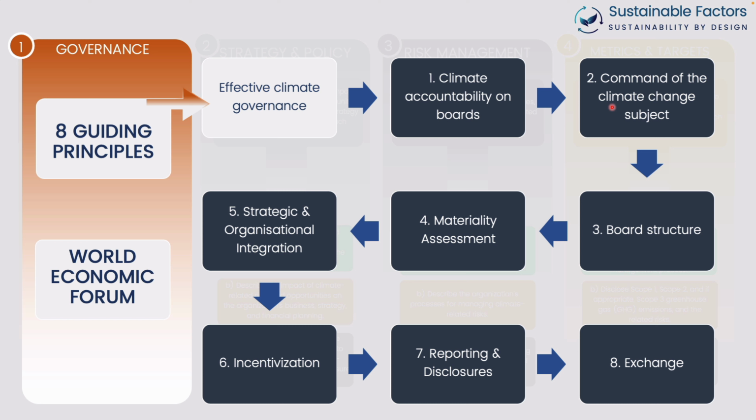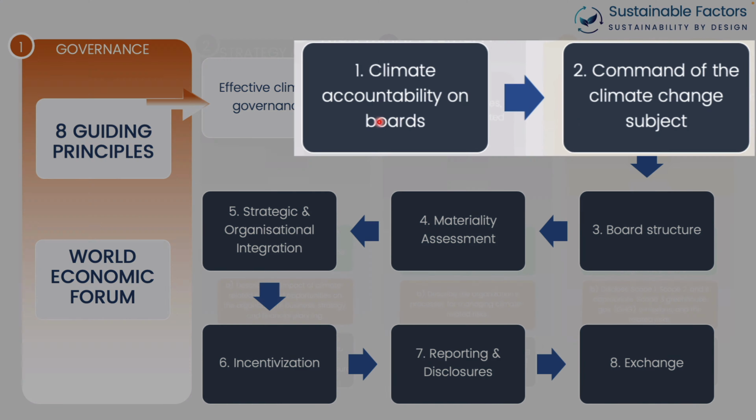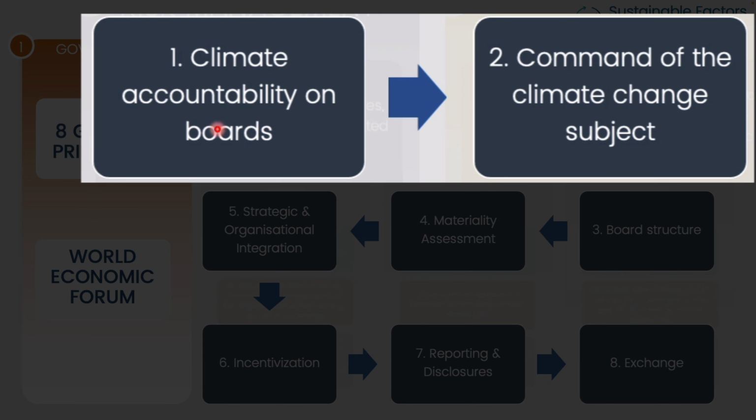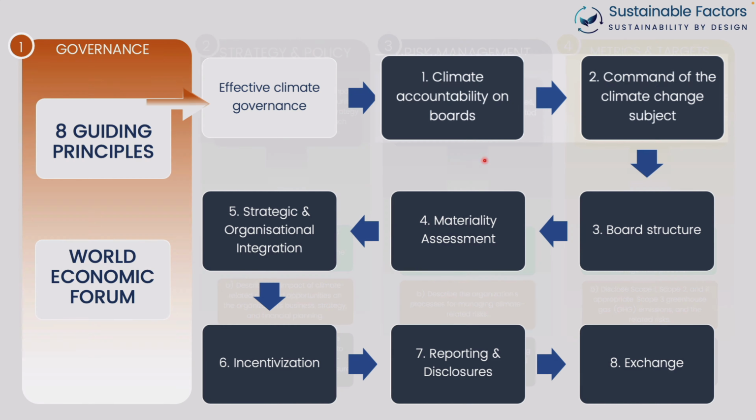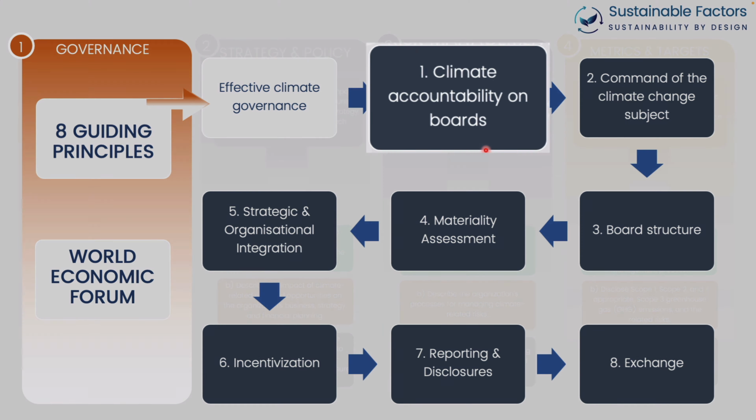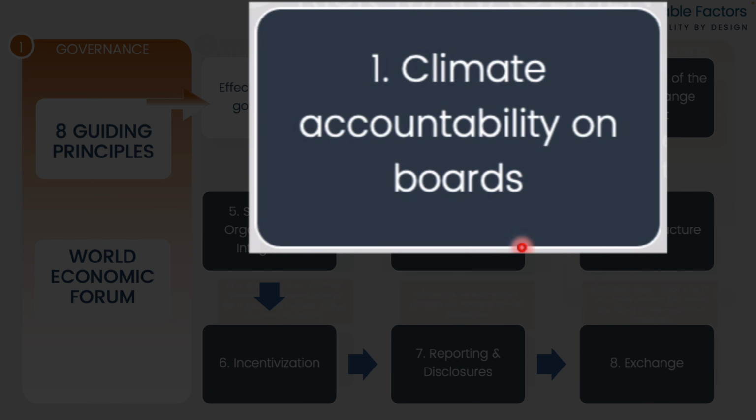Okay, so let us take a look and get a feel of the World Economic Forum's guidance, because I'll be referencing one of their questions leading up to the example of the TCFD Alignment Maturity Assessment. So let's take a look at the first two principles to further build out that context. Principle number 1 refers to climate accountability on boards.